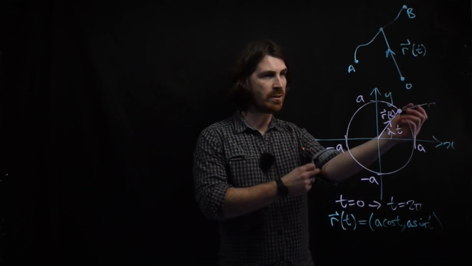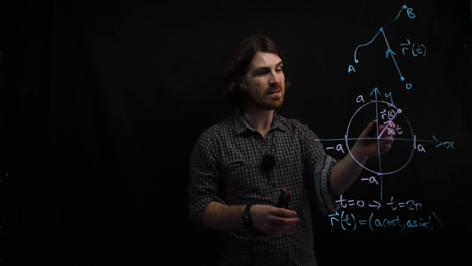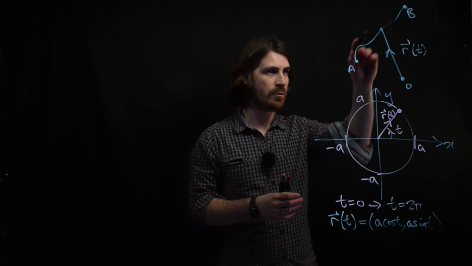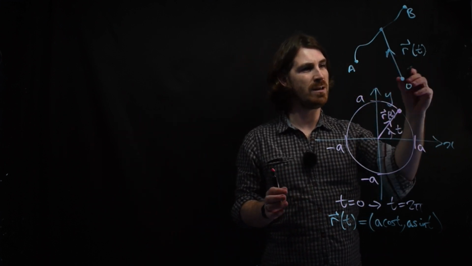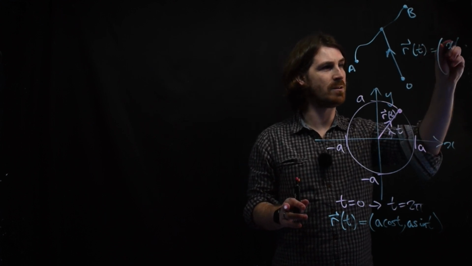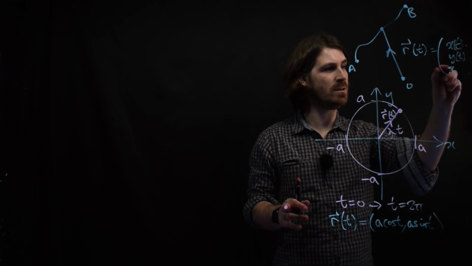But in the general case, this parameter t, here we can visualize it easily. It goes from 0 to 2 pi, and that takes us around the circle. But for this curve, r of t will be x of t, y of t, and z of t.